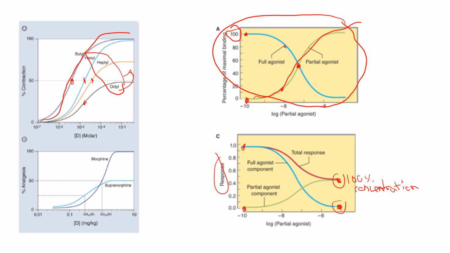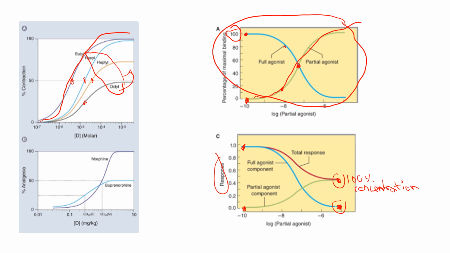And just something to note is you can usually tell what your partial and your full agonist is based on the fact that the concentration of the one that's at 100% will always have 100% response. So if you're ever asked to identify which one is a full agonist, which one's a partial agonist, look for the one that has 100% response, and that curve will be your full agonist, and then your other one will be your partial.